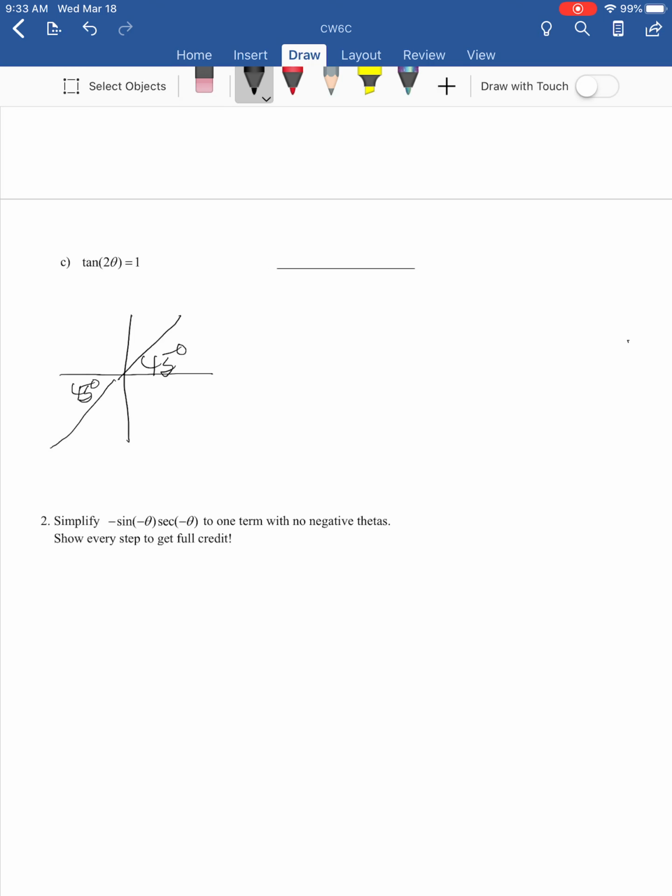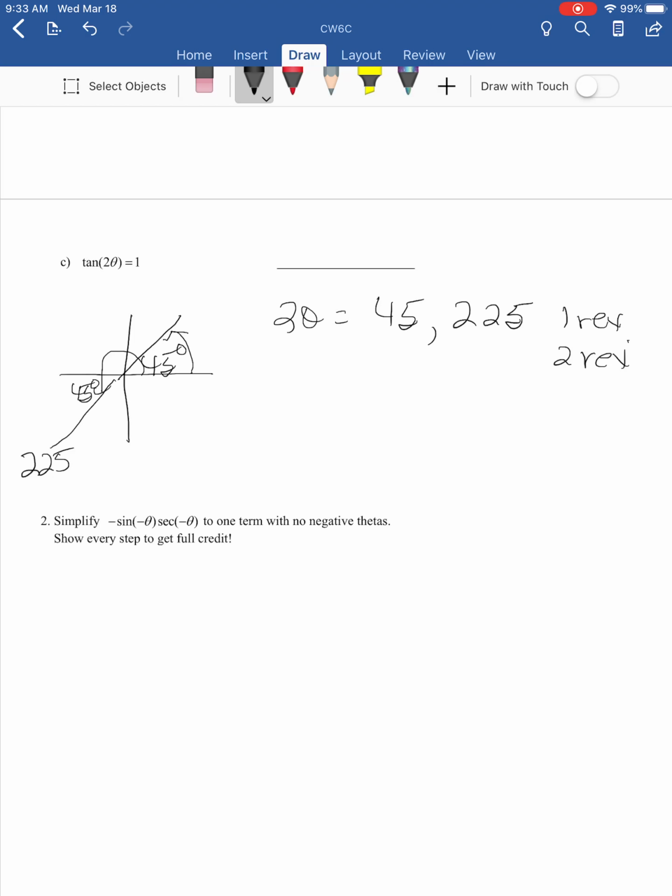And if this is 45 degrees, we would say 180 plus 45. What is 180 plus 45? I believe that's 225. So that angle's 225 and that one's 45. 2 theta is equal to 45 and 225. That's the first revolution. In the second revolution, we add 360.